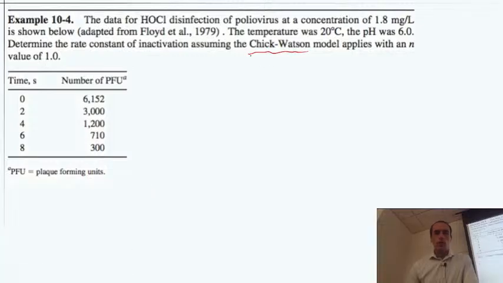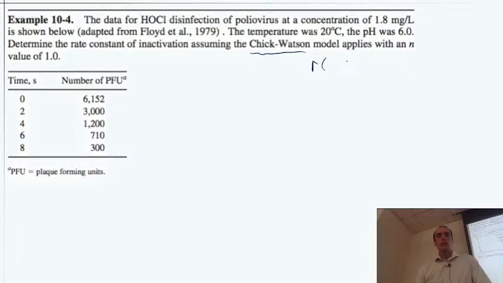Anyway, so the Chick-Watson kinetics here, it's a concept that says if we are degrading some organism, we can describe the rate equation as a first order equation with respect to the amount of pathogen that's there, assuming that the other reactant, which is, let's say, chlorine or whatever disinfectant we're using, remains constant. And that turns out to be a pretty good assumption under most conditions.